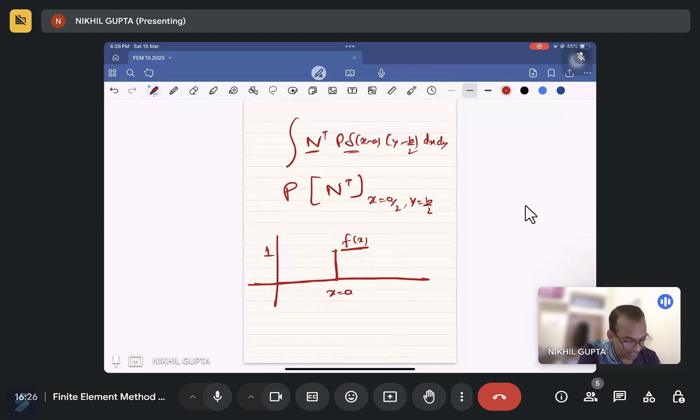So at x is equal to a, the value of this function attached to it will be the area under this. Is it fine? Yes, it's clear. So the area under the curve is only this point, which is the value of that, multiplied with this. So you will get this out as the integration.